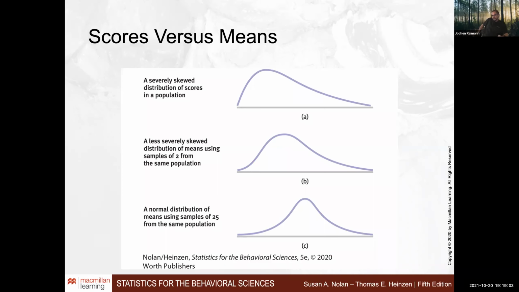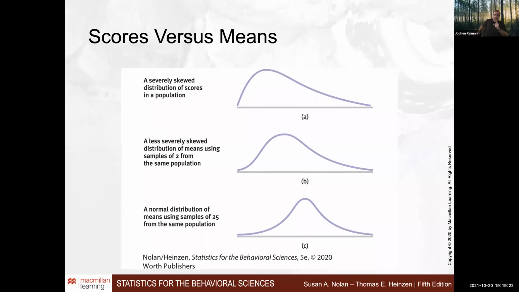Scores versus means. Another beautiful thing is that the distribution of the sample means is more likely to be normally distributed, particularly, as we talked about, the higher the sample size.